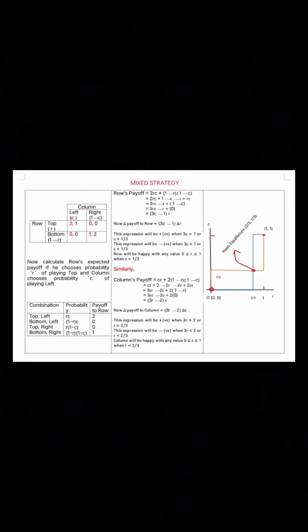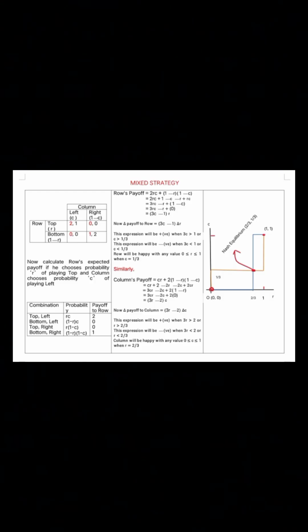And this expression will be negative when 3C in the bracket is less than 1, or if you divide both sides by 3, C is less than 1 by 3. So when C is less than 1 by 3, delta payoff to row will be negative.